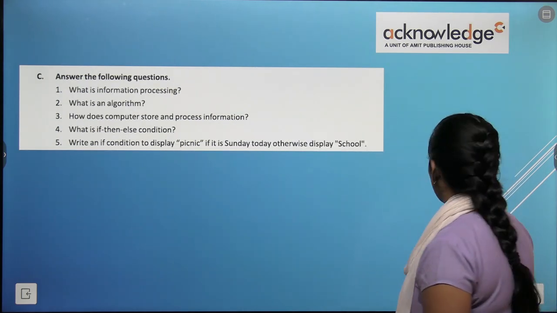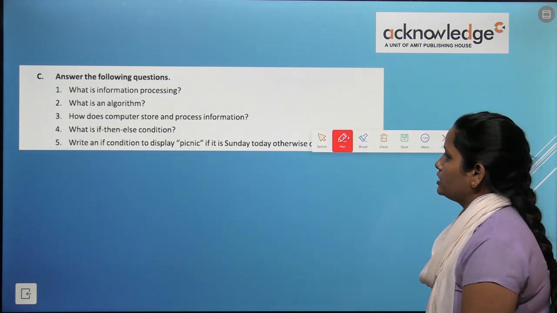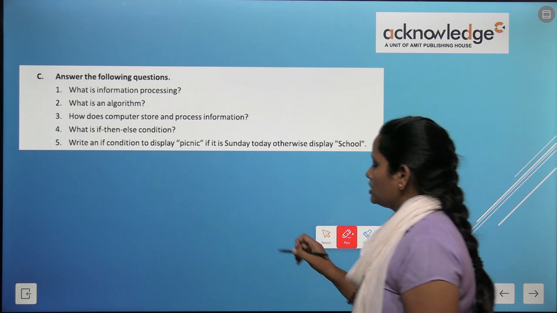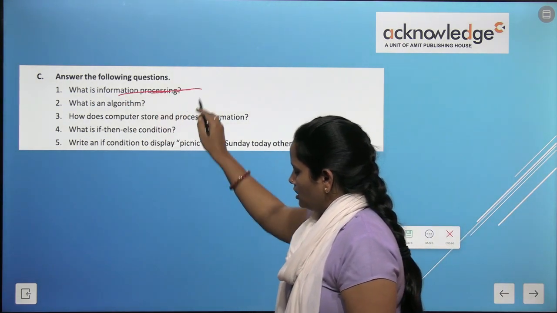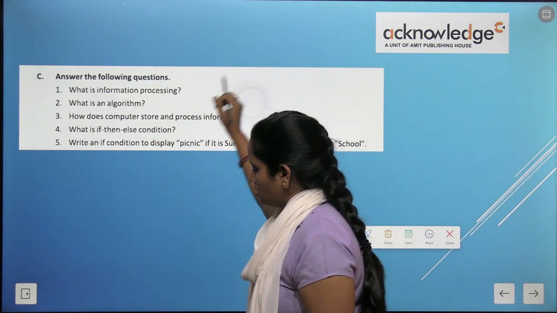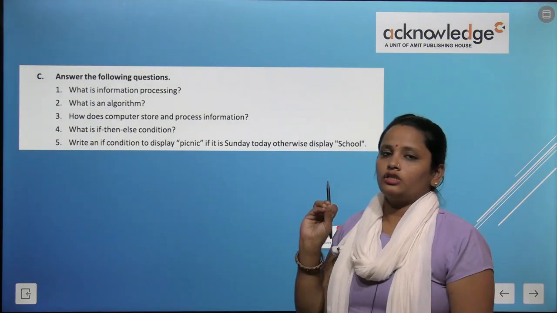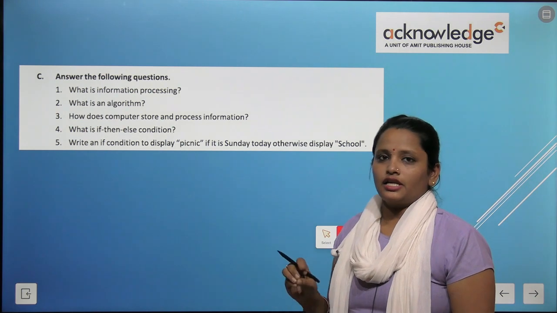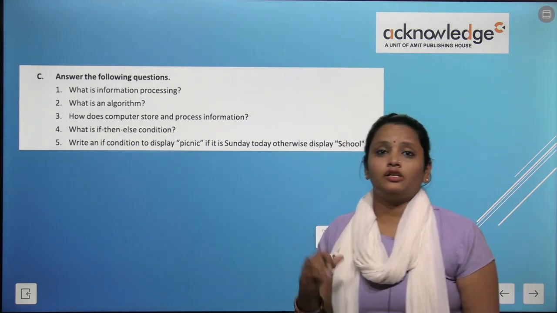Now let's quickly come to the question and answers. What is information processing? Information processing here is the sorting of the information, then analyzing it and arranging it in a readable format.